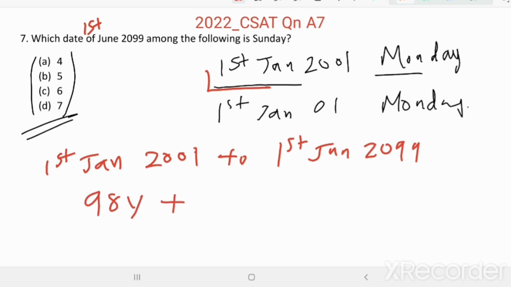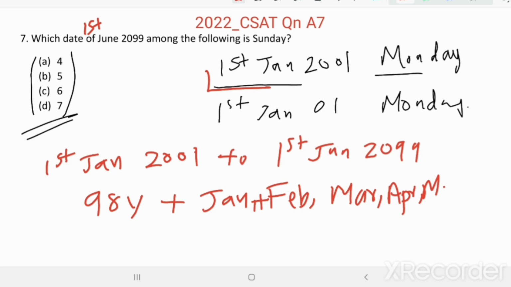Then in 2099 we have to consider January, February, March, April, May, June. So here we want to find June 1st. Once you find June 1st, then you can find which among the following is a Sunday.